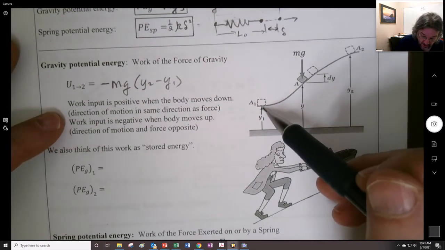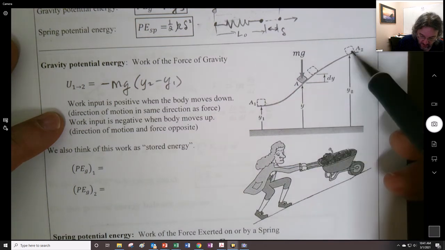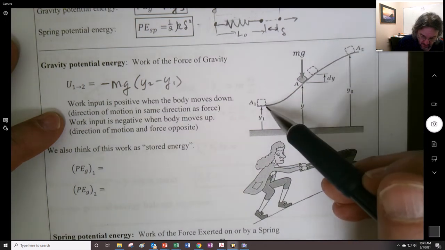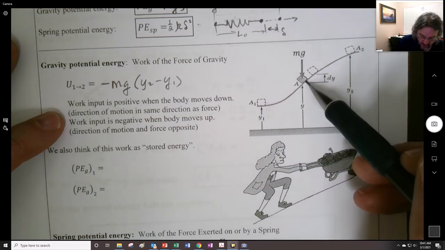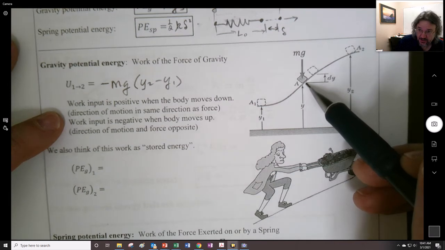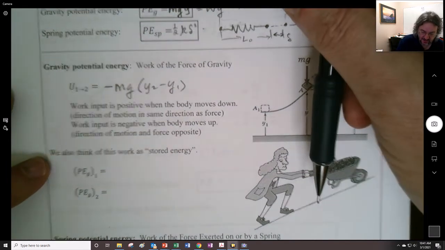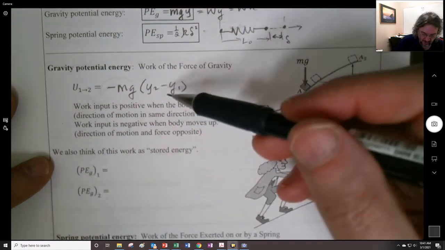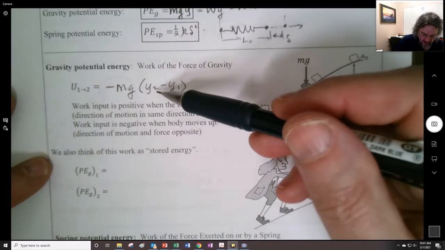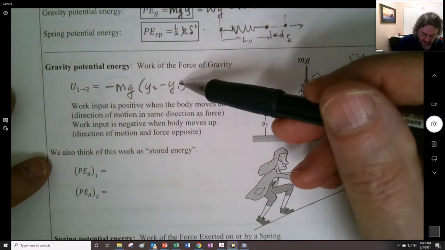So as we're coming up, depending whether we're coming from state 1 or to state 2, if we are requiring work to come up, it's going to be in the opposite direction of the motion. So the force is coming down this way right here, so that's the negative right here, but state 2 is our final state, and state 1 is our initial.